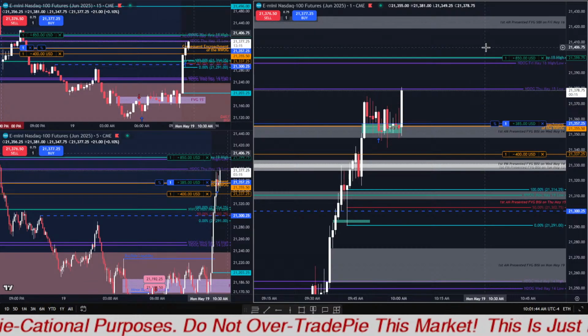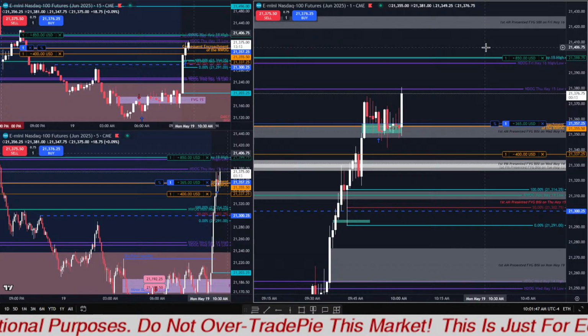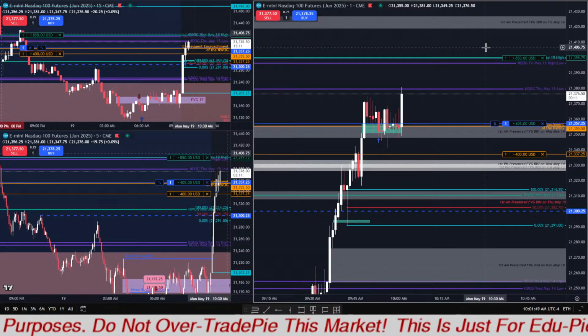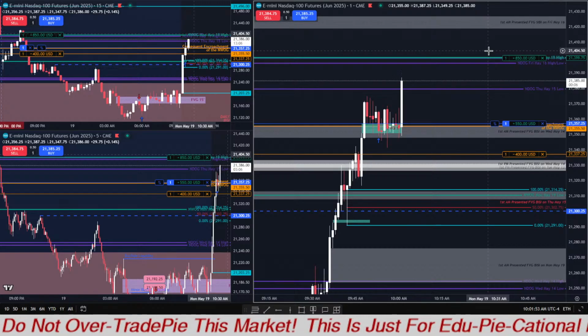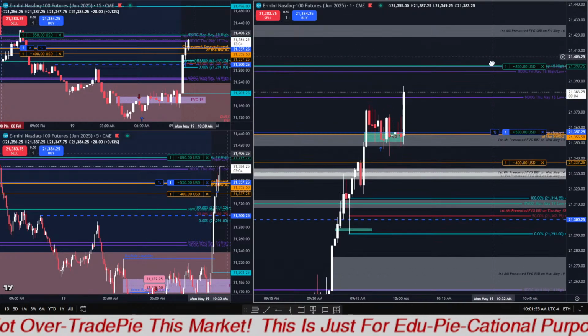Tapping into the low of the new day opening gap from last Thursday. Yes, apparently the market maker listened to me. So let's see.